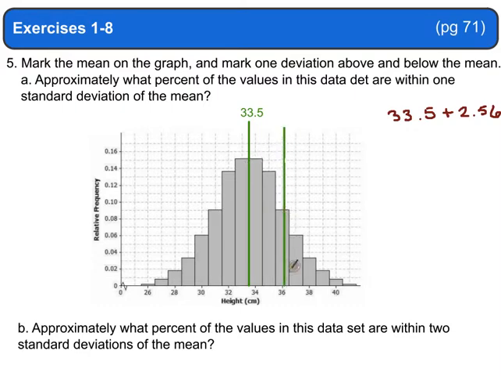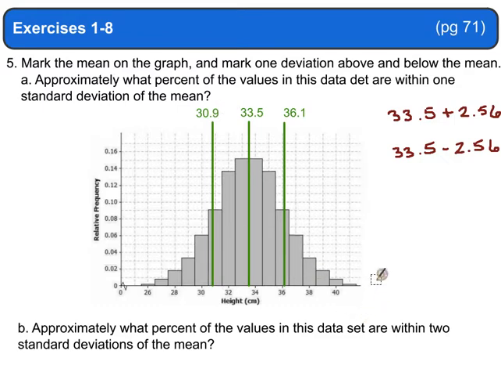And that would be this line right here. And so that would yield us 36.1. Same thing if we took the 33.5 and we minused 2.56, we would get the standard deviation in the other direction, which would be this location right here.